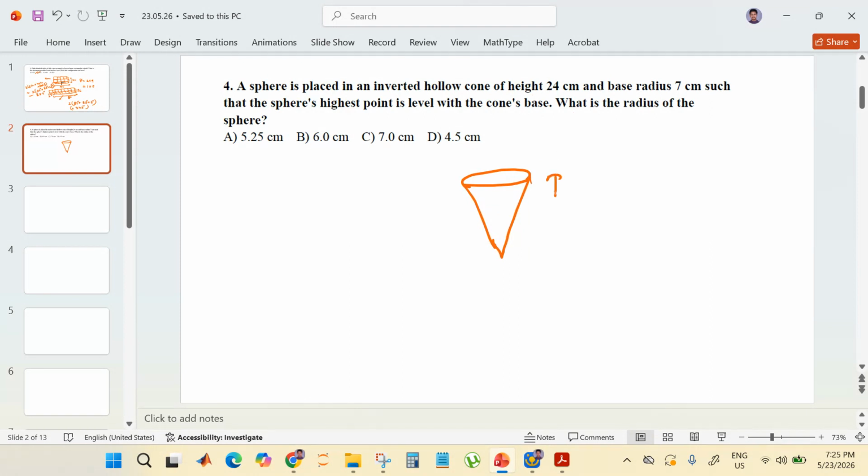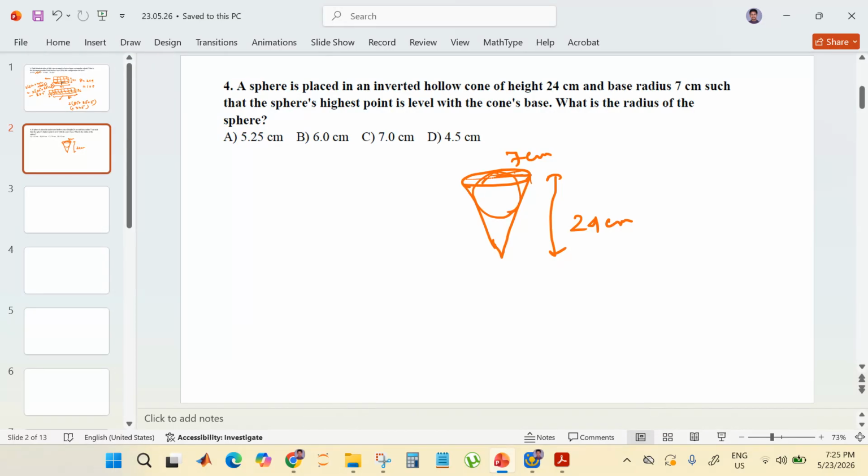So the height is 24 centimeter and the base radius is 7 centimeter, such that the sphere's highest point is level with the cone's base. That means a complete sphere is placed inside the cone, and the highest point will be exactly on the cone base.